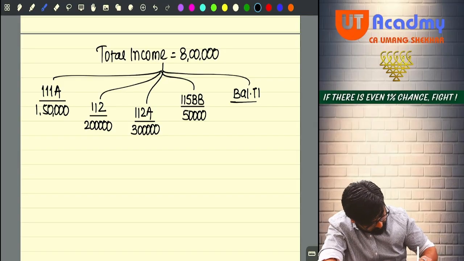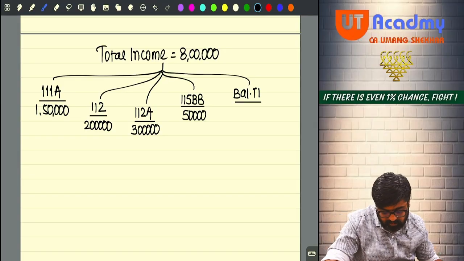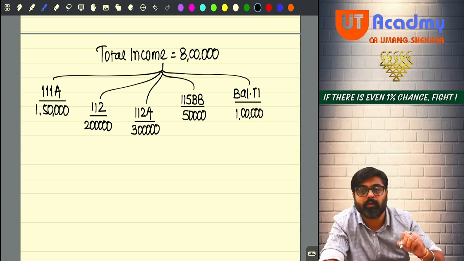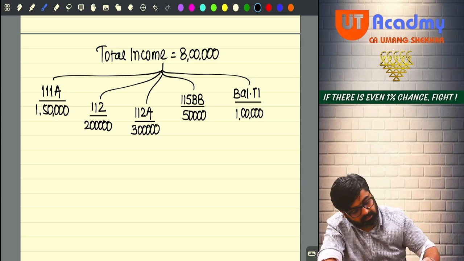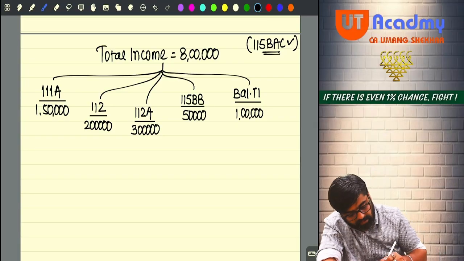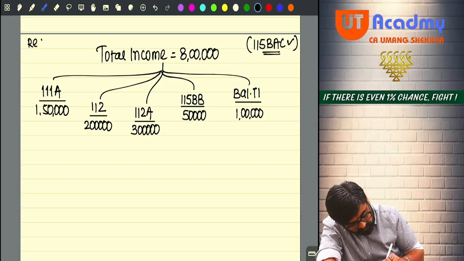And balance total income. So how much is the total income? 1 lakh only. Yes or no? Now the assessee is following 115BAC. They have told you that the assessee is following 115BAC, a resident individual or HUF.